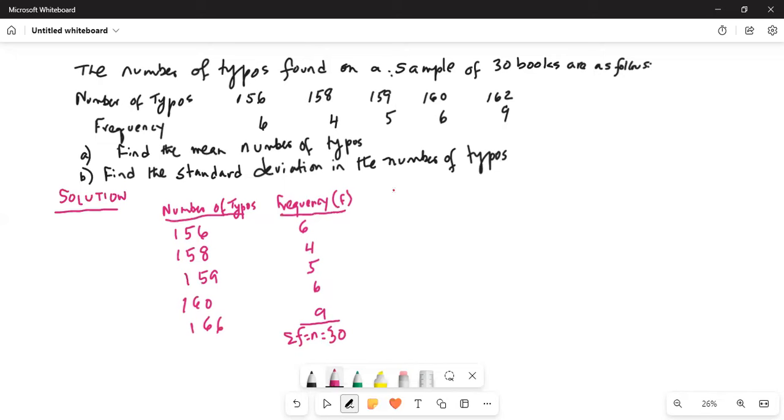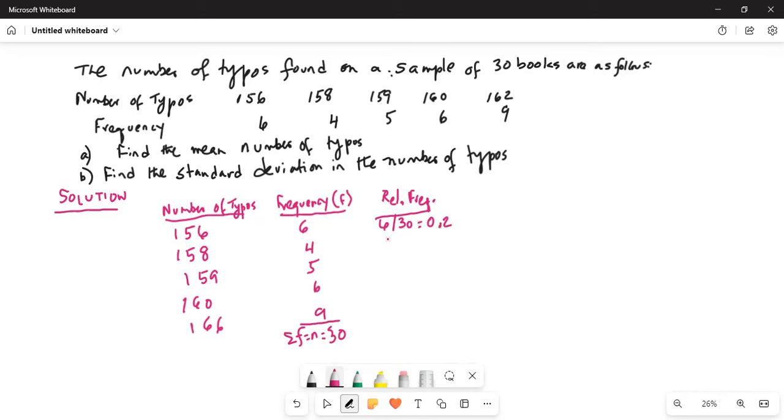Okay. Now I will convert the frequency data into relative frequency. Rel stands for relative, relative frequency. So I'll take each frequency and divide by the total count. 6 divided by 30 is 0.2.